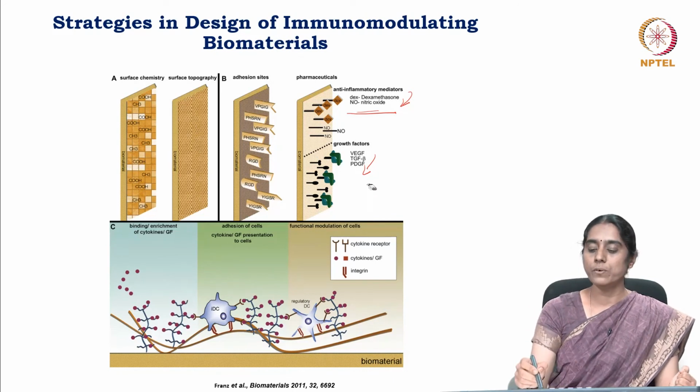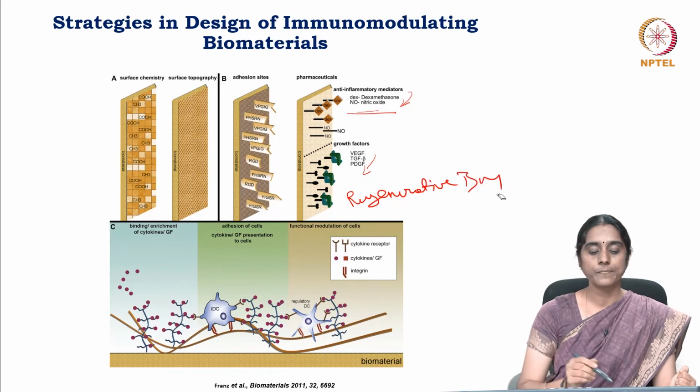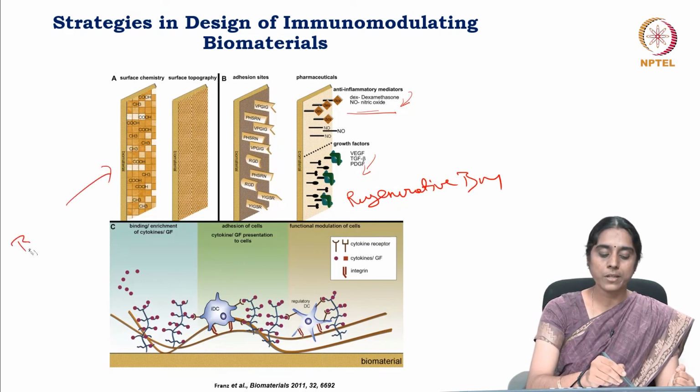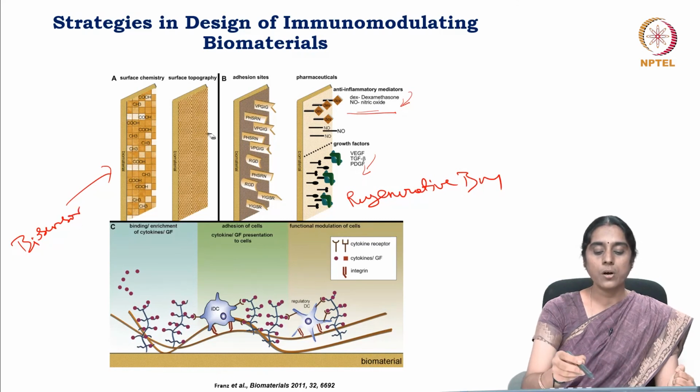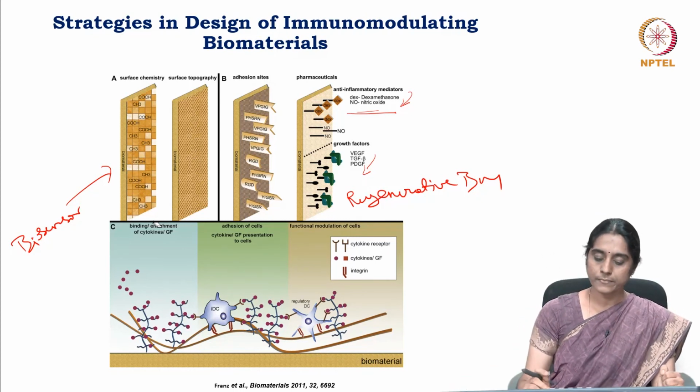This will be helpful with regard to regenerative biomaterials. Okay. If we need it for biosensors, then it is better to either coat it or to modify the surface or to modify the chemistry of the surface. Okay.